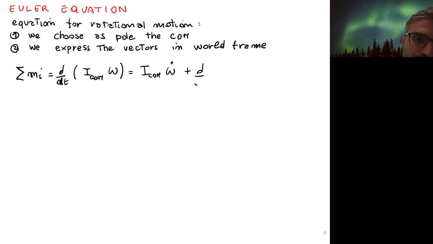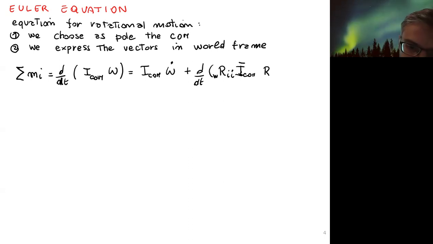So we can consider explicitly the rotation matrix R that maps the link I-frame into the world frame, define the constant tensor of inertia in the link frame, and use the transpose. And this is times omega, the second term.